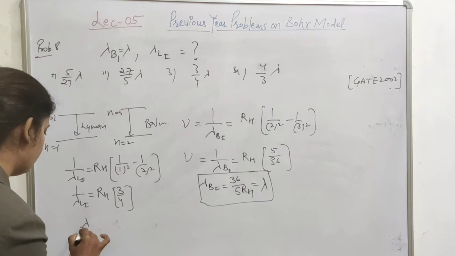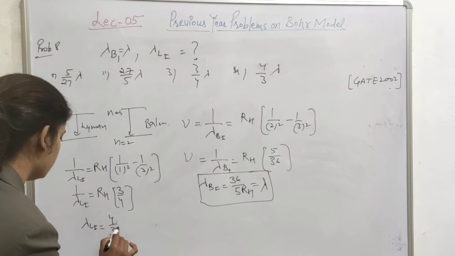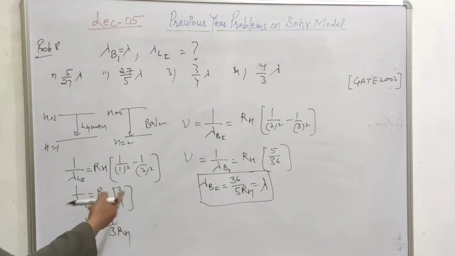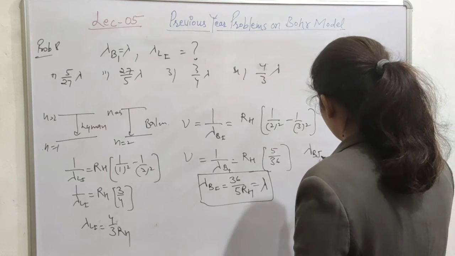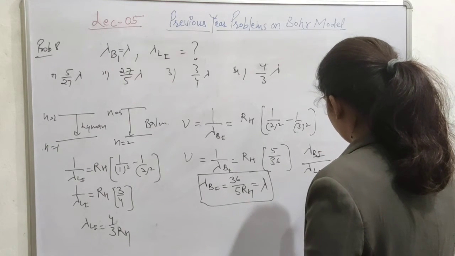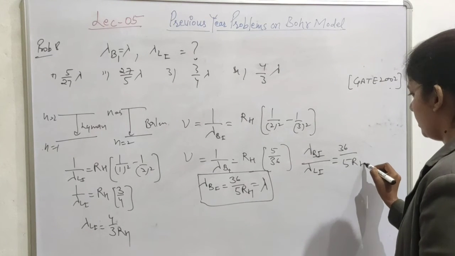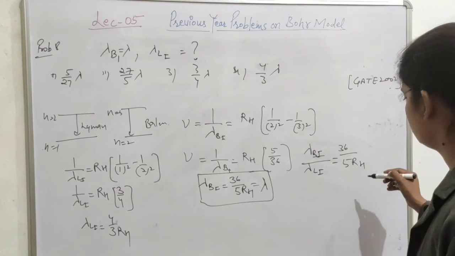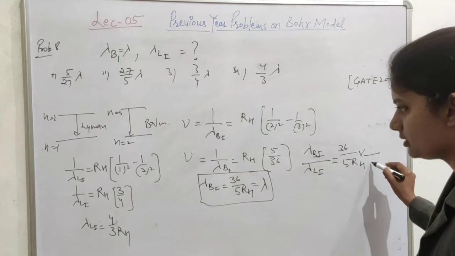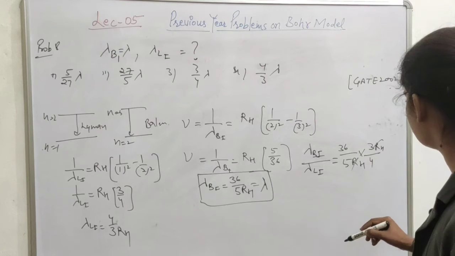Let us find lambda Lyman first, which is 4 by 3 RH. You have to find a relation between these, so let us divide them. If we divide the Balmer first line by the Lyman first line, the value is 36 over 5 RH divided by 4 over 3 RH, and RH cancels.